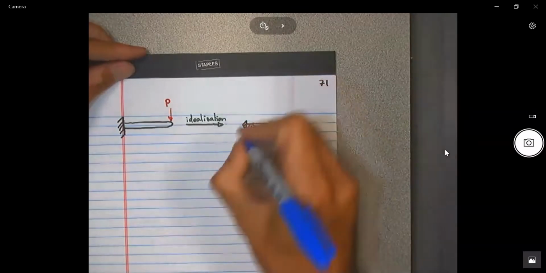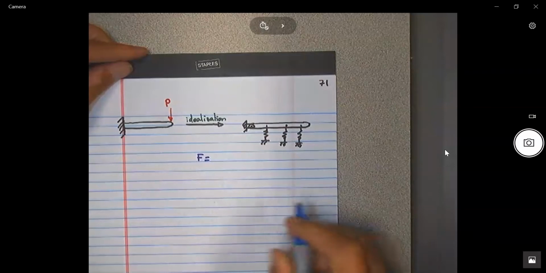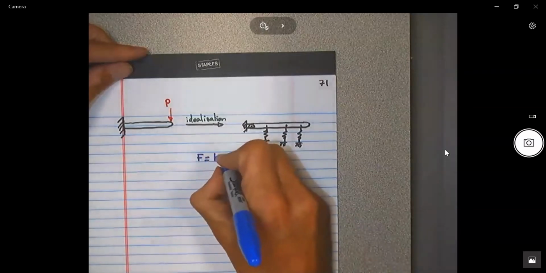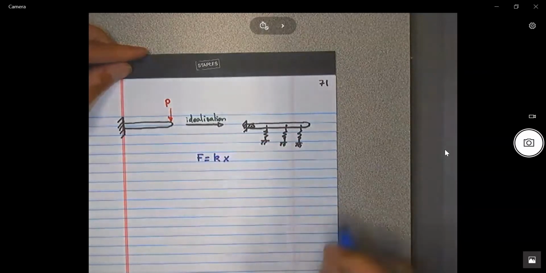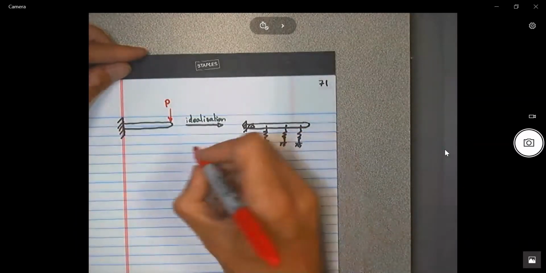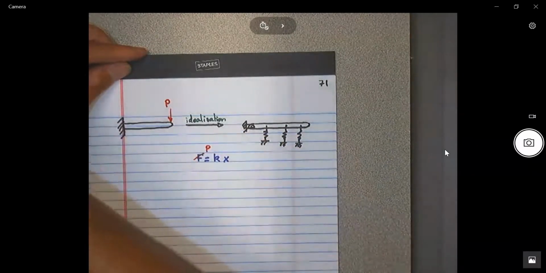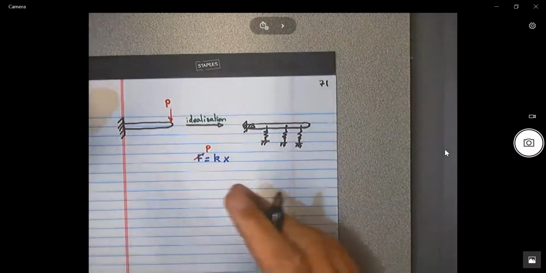What is the equation that is generally used? So the force that is known for the spring is what? Force equal to Kx, no? Okay, so in this case, what is F? Will be K, no?